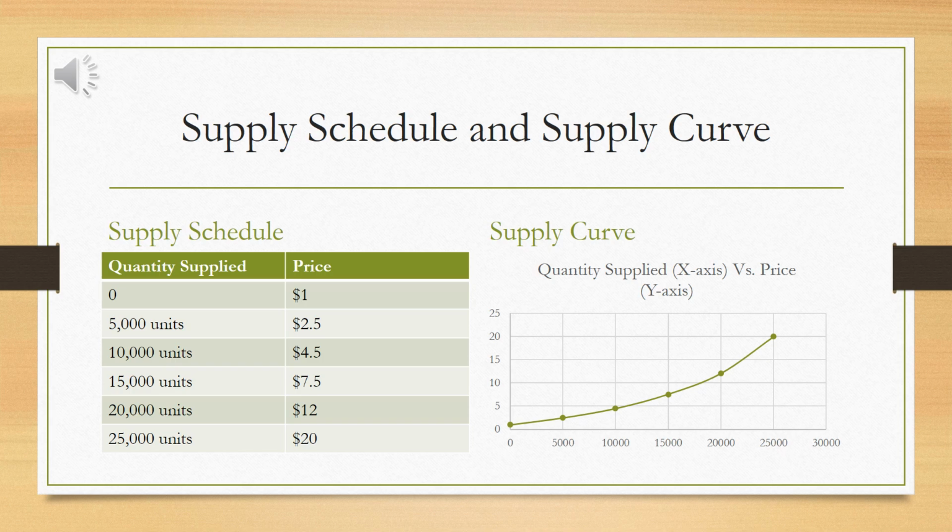They were able to produce 10,000 units when the price was $4.5. 15,000 units when the price was $7.5, 20,000 units when the price was $12, and lastly, when the price was $20, they were able to produce the most, 25,000 units. The graph aside shows a supply curve built based on the supply schedule. Note that the quantity supplied lies on the x-axis and the price lies on the y-axis.